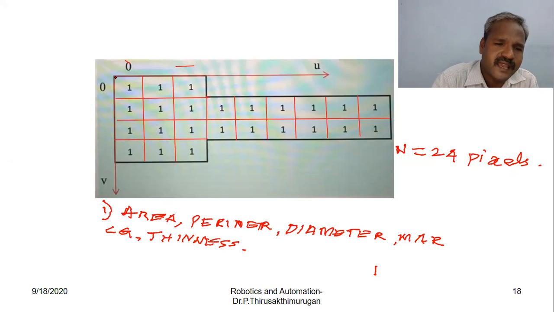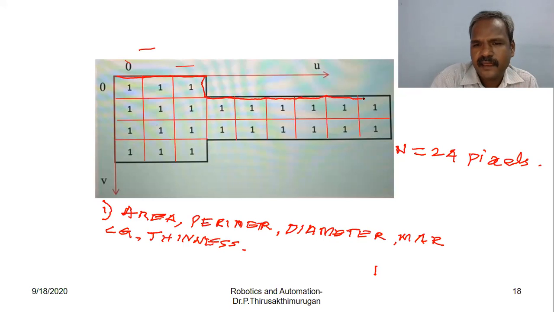See, start here. 1, 2, 3, 4, 5, 6, 7, 8, 9, 10, 11, 12, 13, 14, 15, 16, 17, 18, 19, 20, 21, 22, 23, 24, 25, 26.